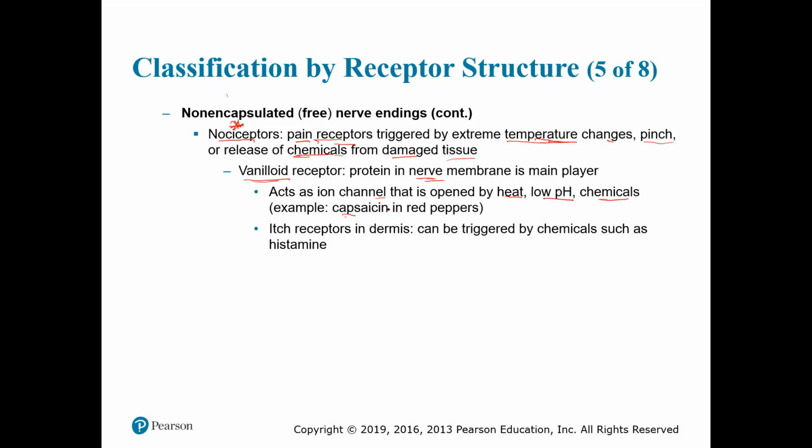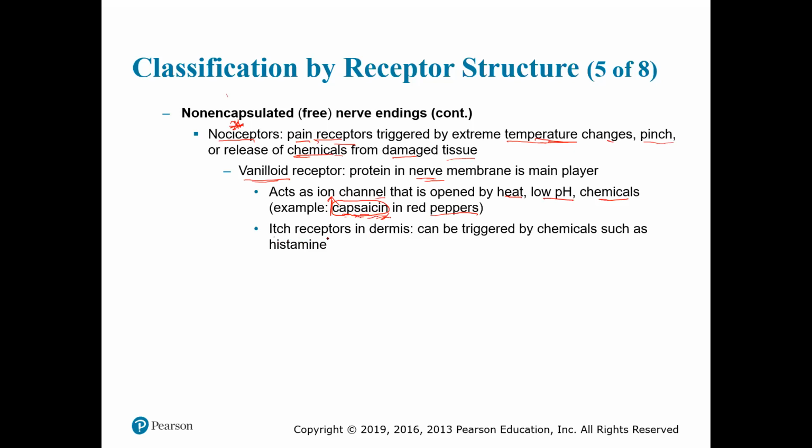Capsaicin is that chemical that makes your Buffalo Wild Wings hot, because it's in red peppers. They use that for buffalo wings and all that. The more capsaicin, the hotter it is, right? I forget what that scale is called. I always forget. So that's a chemical, and it could burn, and it gets into your nose too, which makes that burn as well. I'll remember the scale later on.